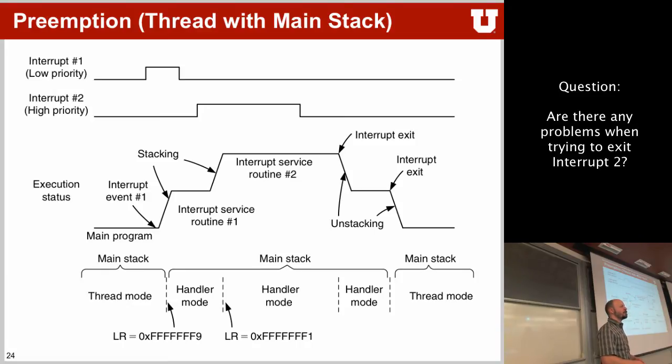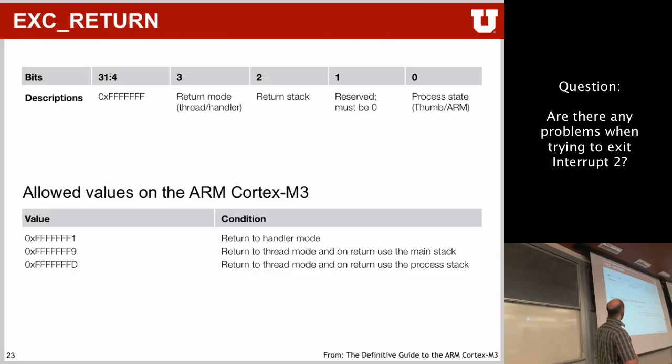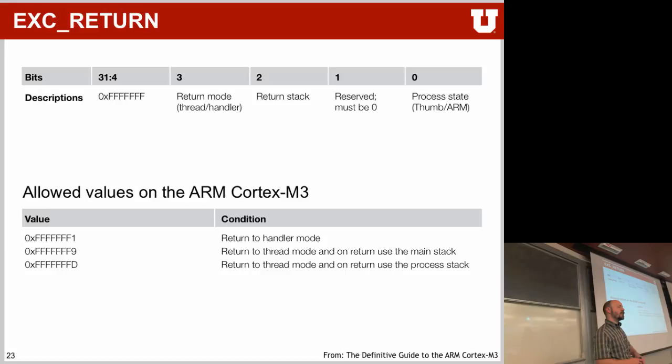Yes. And this is why we have this return value, the EXC_RETURN value. There are 3 different values that you can have. The definition of it is bits 31 through 4 are all Fs, and then the last one is indicating how it should return. On the Cortex-M3, these are the 3 different values.